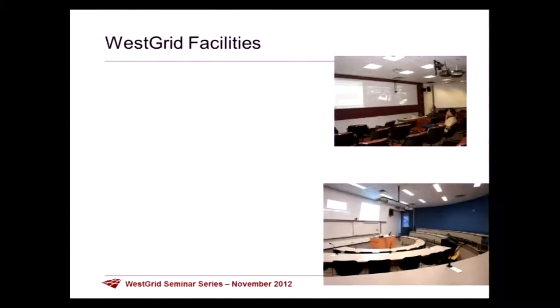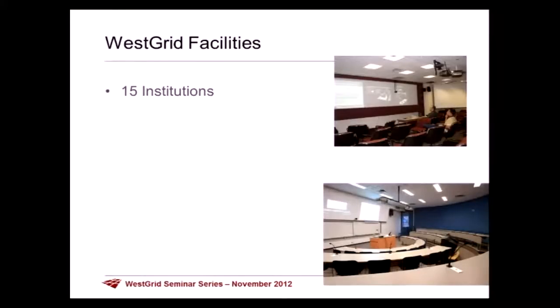I'll talk a bit about the WestGrid venues specifically. We've got WestGrid collaboration facilities at 15 institutions across Western Canada. Those institutions include UVic, UNBC, UBC Okanagan, UBC Vancouver, SFU.